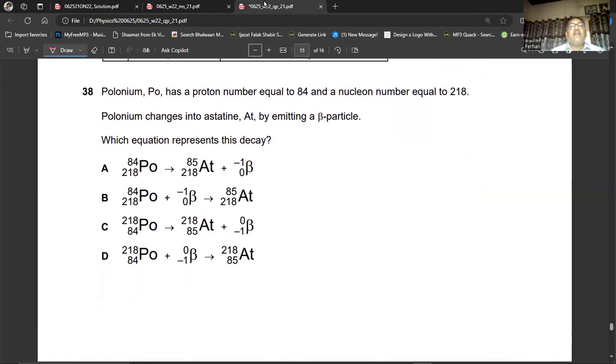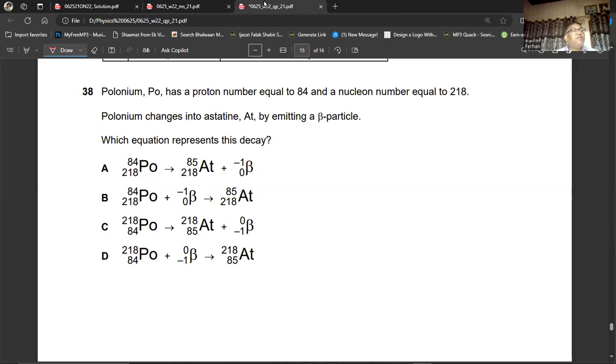Question number 38. Polonium (Po) has a proton number equal to 84 and a nucleon number equal to 218. Polonium changes into astatine by emitting a beta particle.